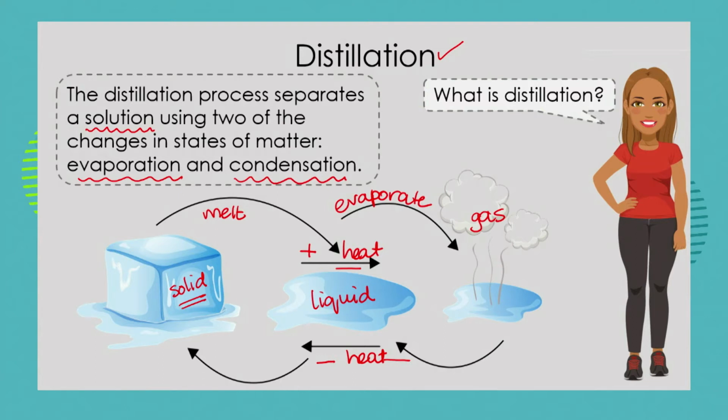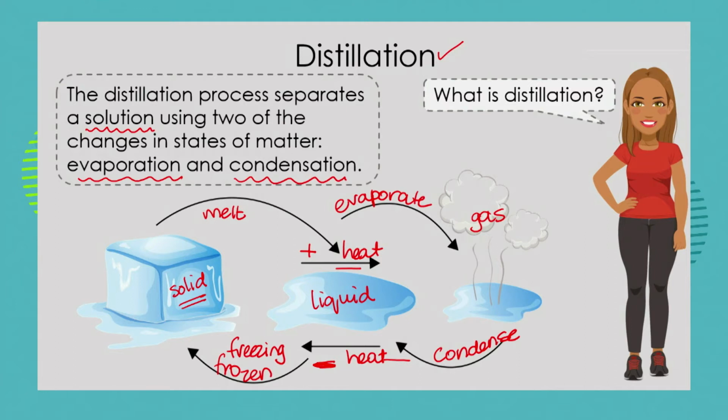If that gas has heat taken away from it, we're going to condense the gas into a liquid. And of course, we can have the frozen substance by freezing our liquid into a solid.